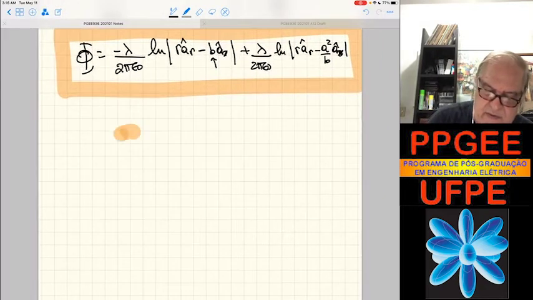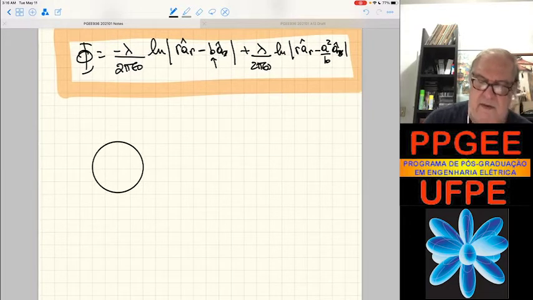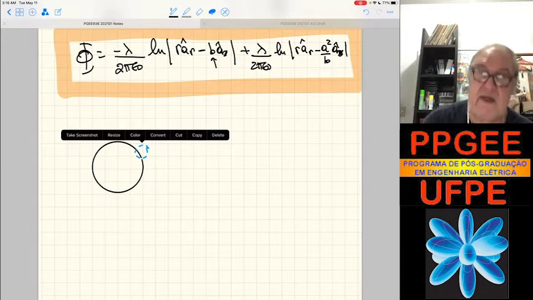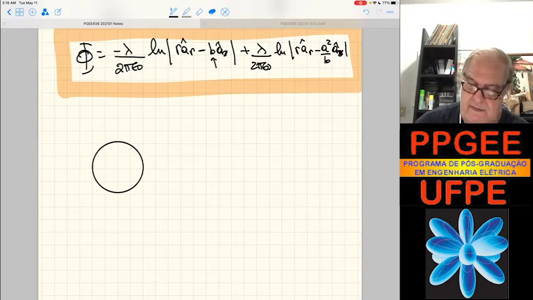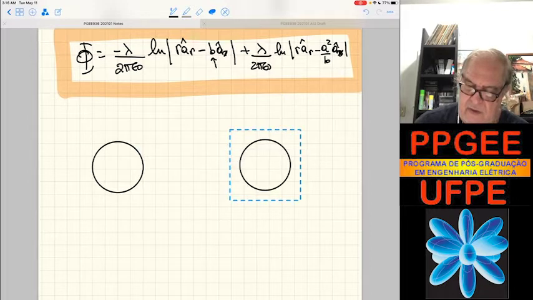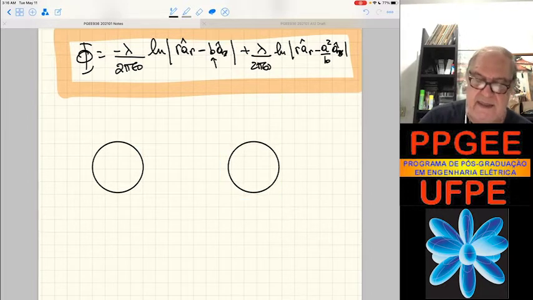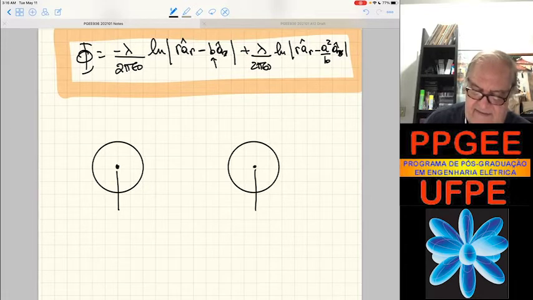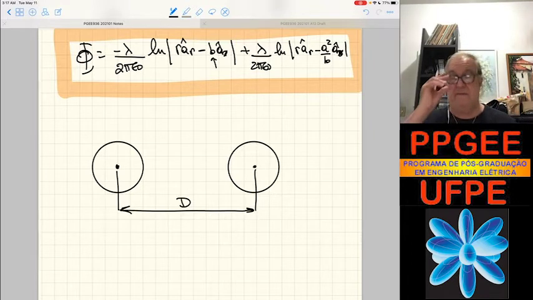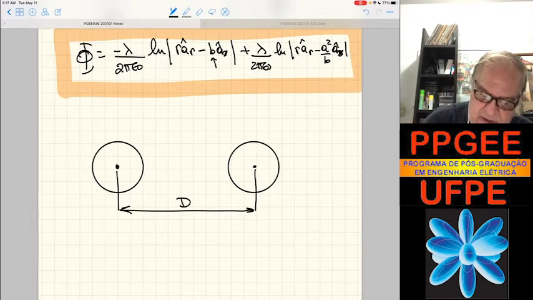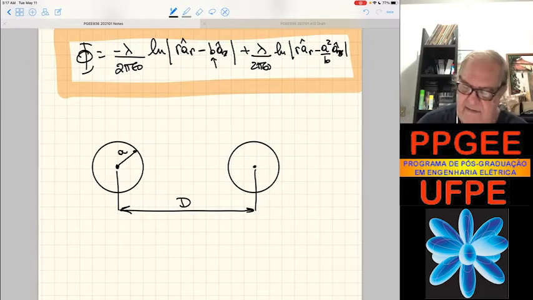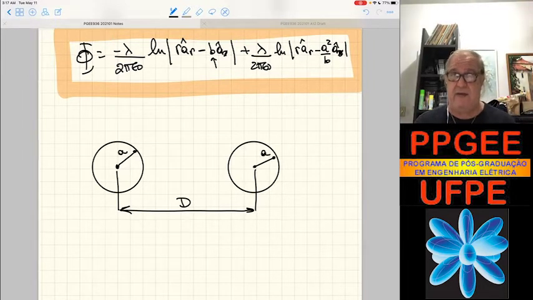We have two conducting cylinders. All we know is the distance between centers. We have this information here. I have the location, I have D, right? I have also the radius A of each cylinder. Could be different radii, okay?